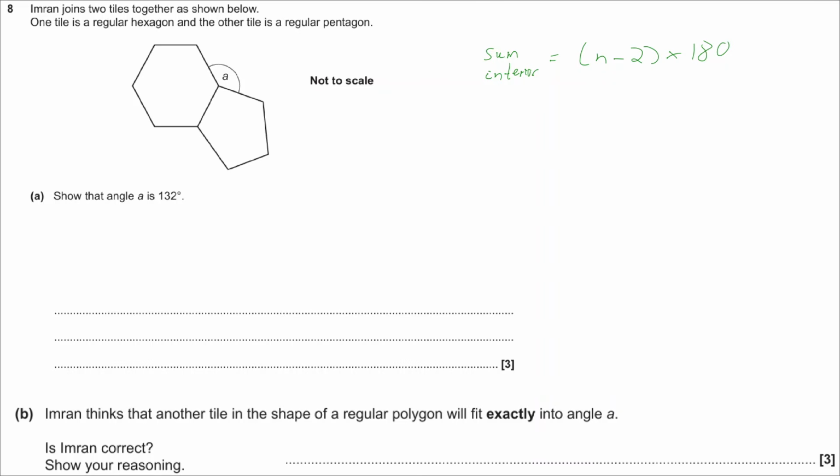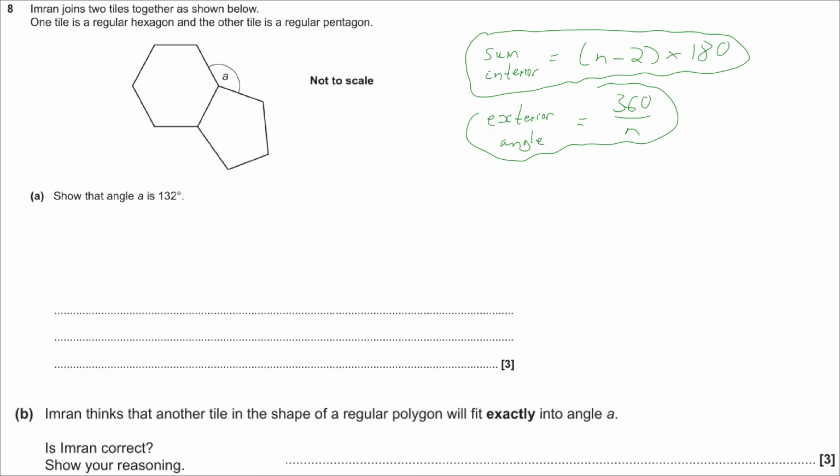That's your first formula. We might need it, we might not, but let's make a note of it regardless. And the size of one exterior angle in a regular polygon is equal to 360 divided by n, where n is your number of sides. So these could be really useful.